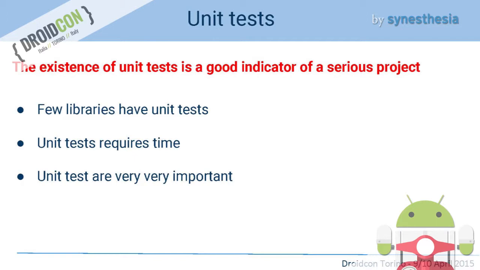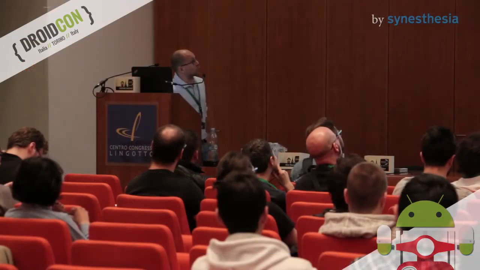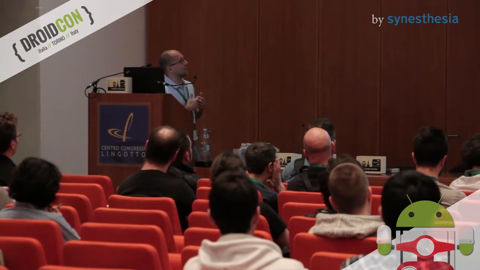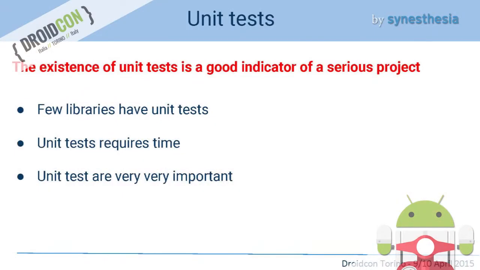Test is a must for all the projects. So test is a must also for the libraries. You should check if the libraries that you are using have a unit test. I noticed that very few libraries have a unit test. Why does this happen? The unit test requires time, requires resources. So if the author of a library is a single developer, maybe you will not find a unit test.